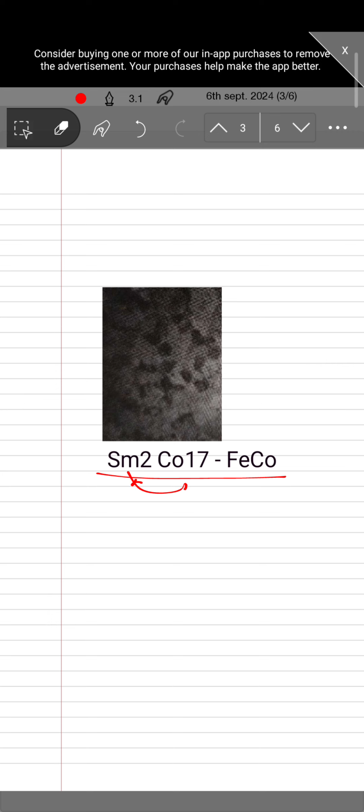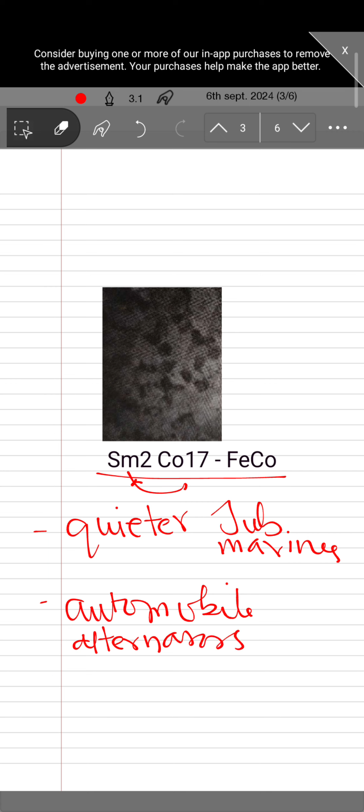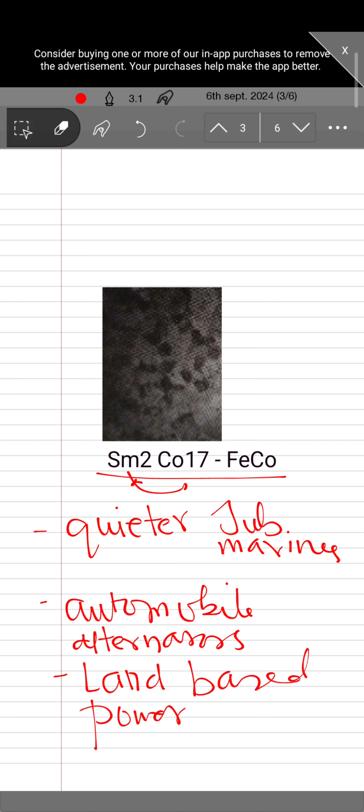There are a few applications of these, like quieter submarines, then automobile alternators, then land-based power generators, and motors used in ships.